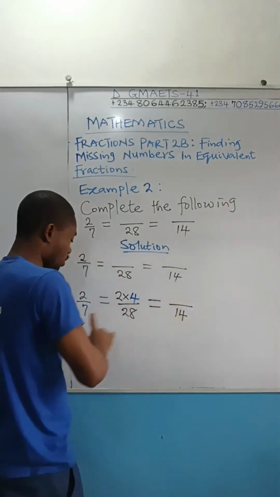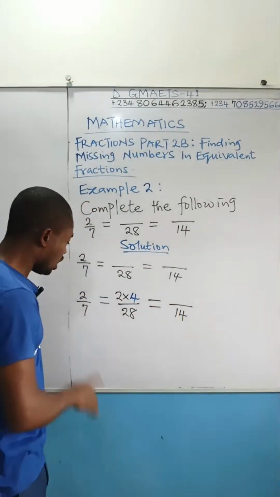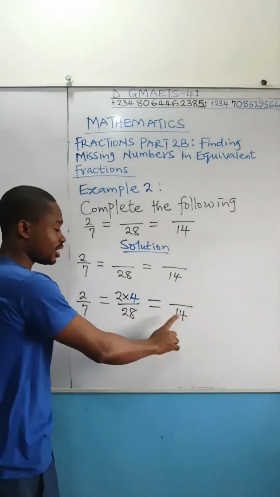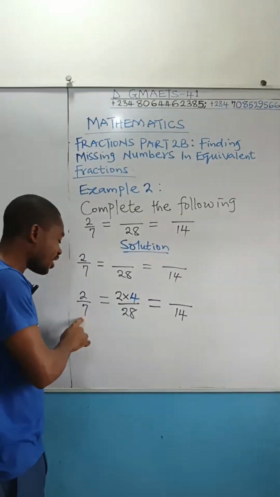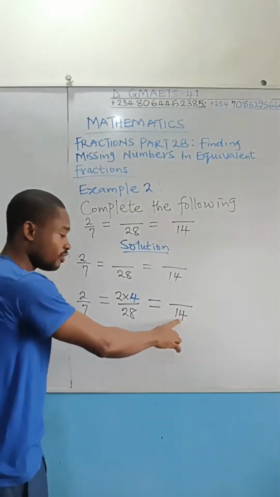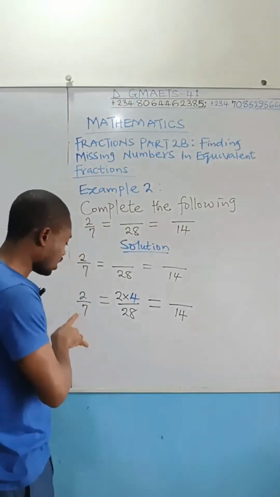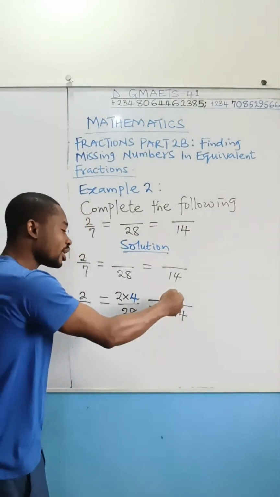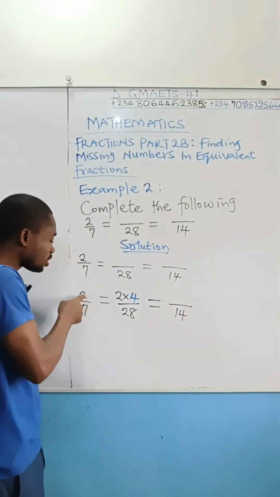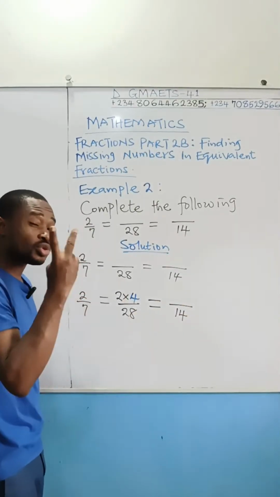You want to get the unknown. 7 is smaller than 14, so you can think multiplication method. 7 times what will give you 14? You'll agree with me that 7 times 2 will give you 14. Therefore, to get this fraction here, we multiply this numerator and denominator by 2.